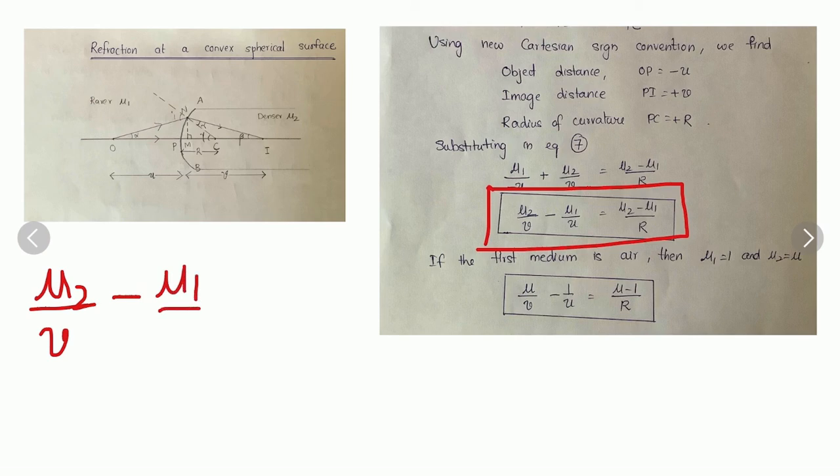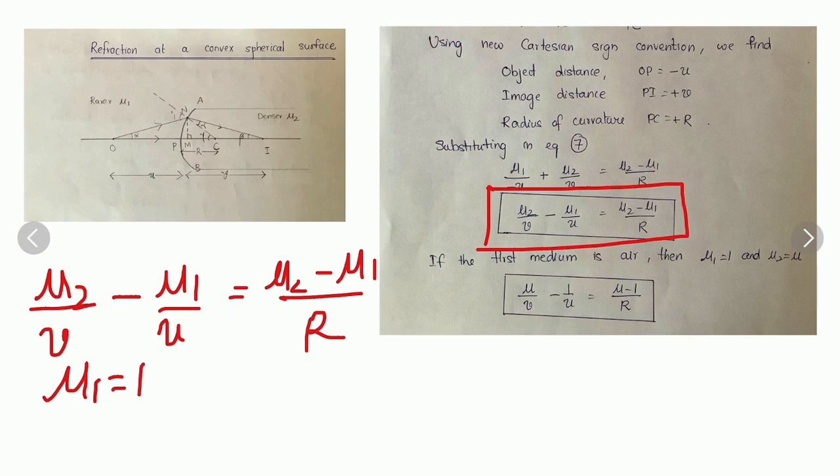So this is the main equation which we are using: mu 2 by V minus mu 1 by U is equal to mu 2 minus mu 1 by R. If the first medium is air, mu 1 is equal to 1. Let the second medium be anything, mu 2 is equal to mu.